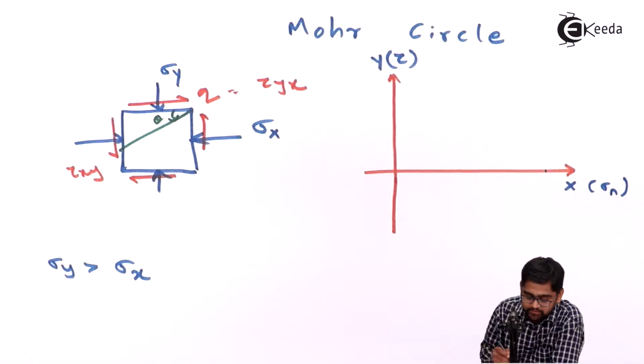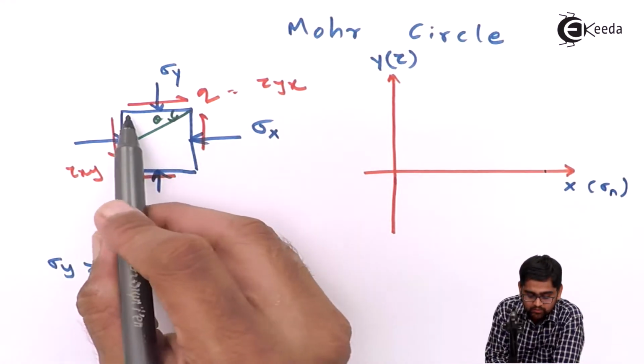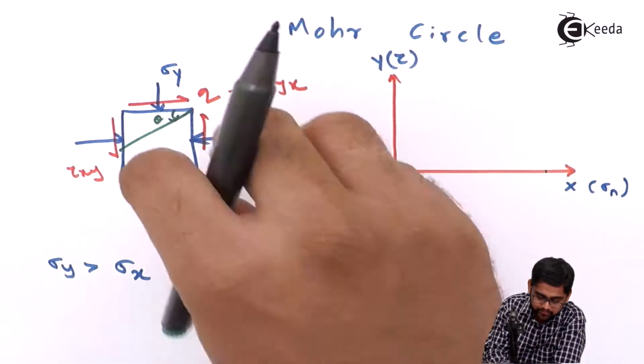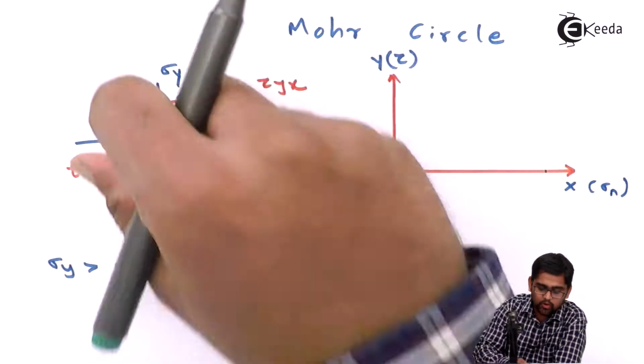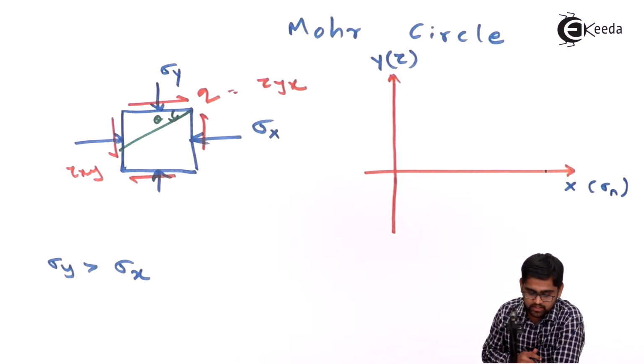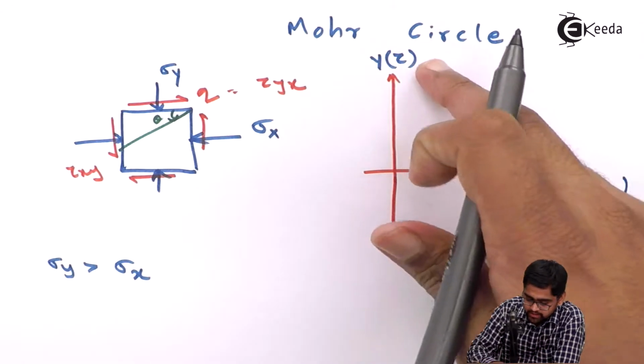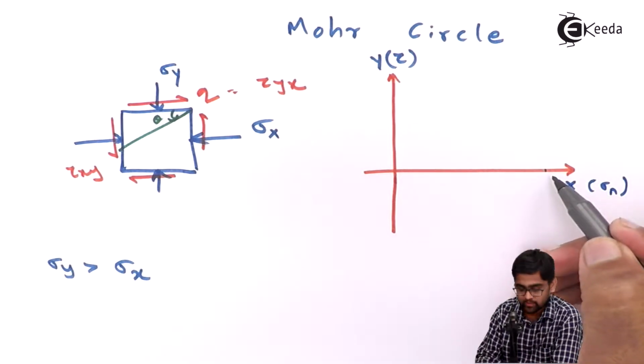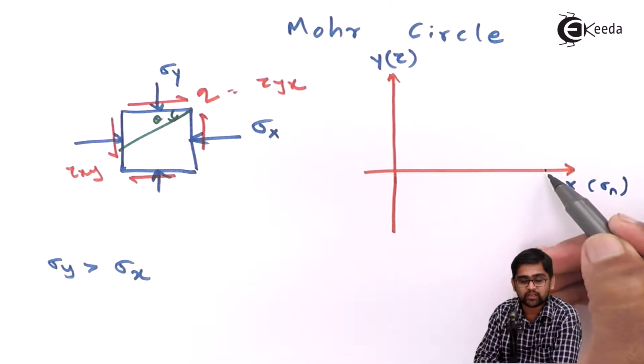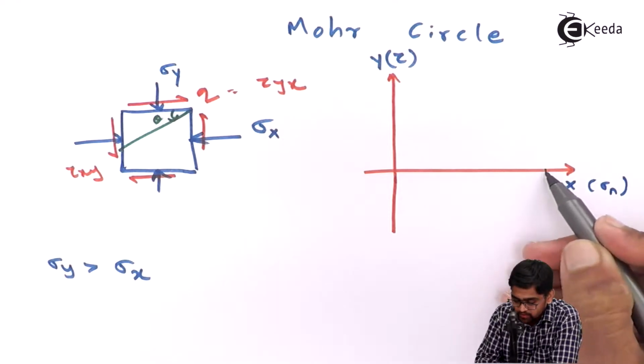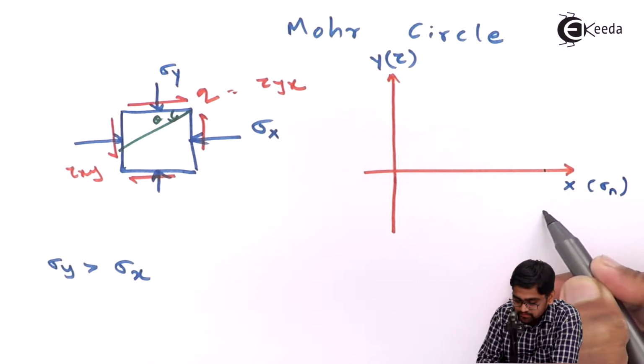Somewhere it comes here, and on this plane, there is a clockwise shear stress equal to q. Since it's clockwise, from sign convention it's negative, so it plots here.